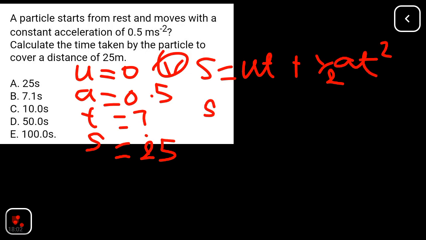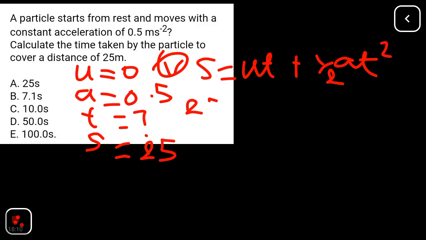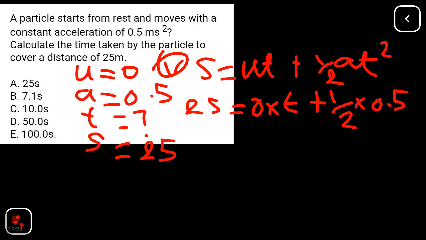So you have distance, which is 25. Now put in the values: 25 is equal to u, which is 0, multiplied by the time you're looking for, plus half multiplied by 0.5 multiplied by the time squared.